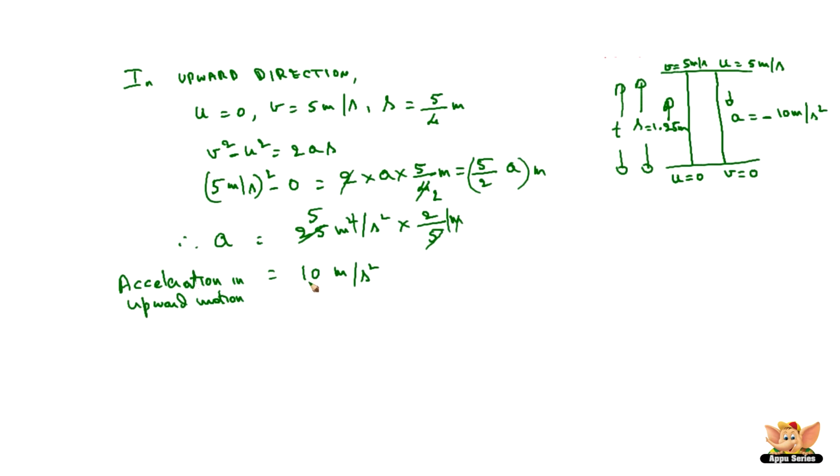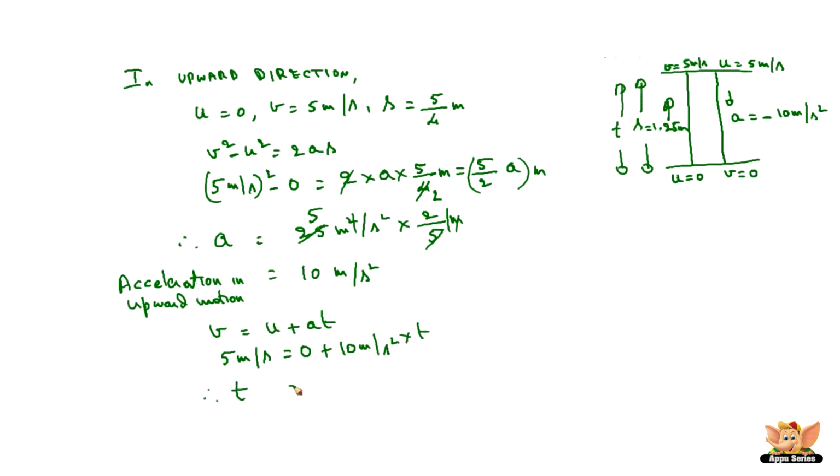Now that we know the acceleration and initial and final velocities, we can use the relationship v is equal to u plus at to find the time taken. So v is 5 meters per second, u is 0, a is 10 meters per second square, and t.